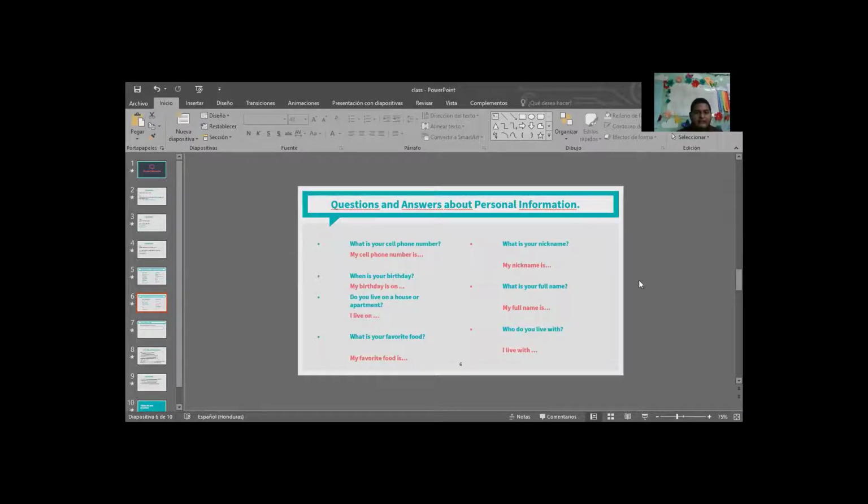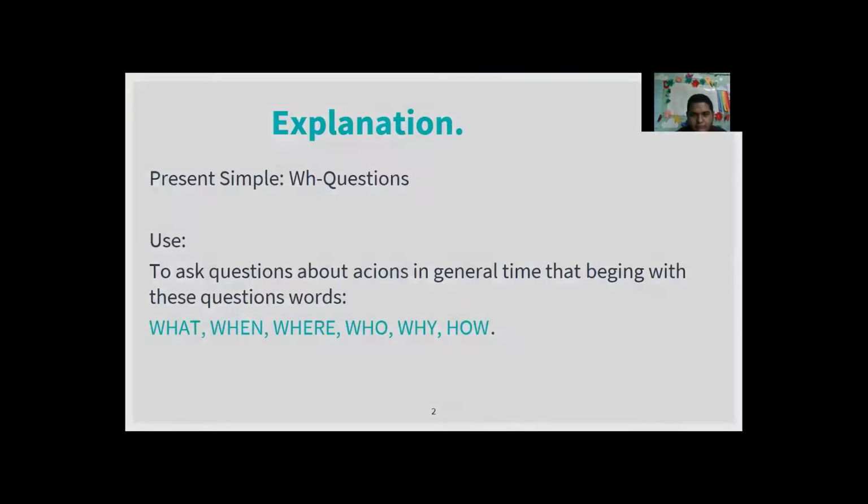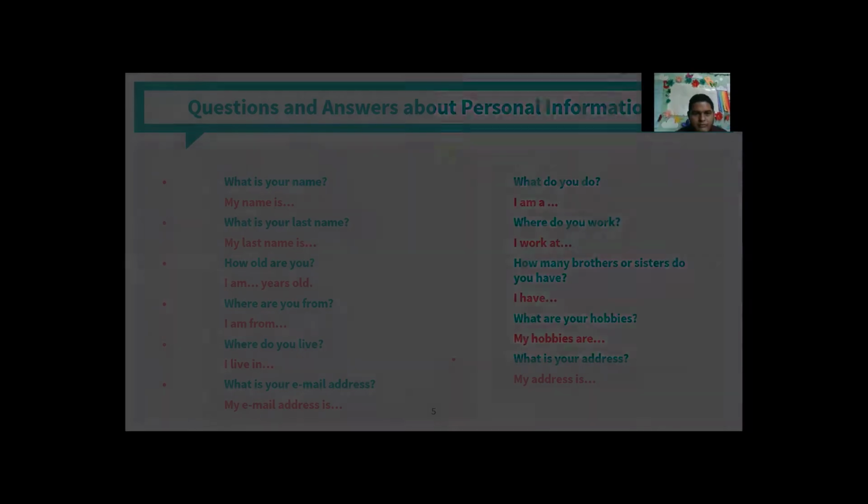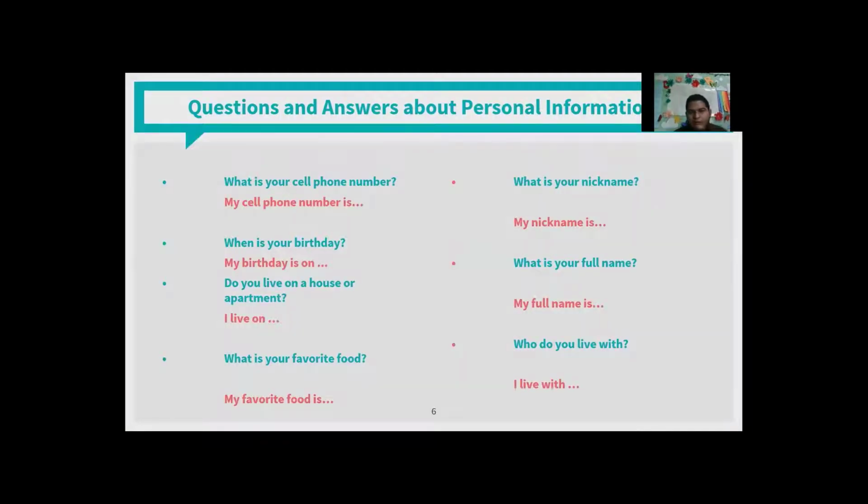And this question, I answered in my own perspective. Okay. What is your nickname? I don't have any nickname, but in Spanish it's called apodo. Okay, you could write, my nickname is, and then write the nickname that you have.